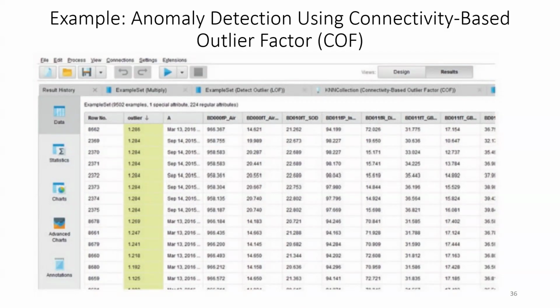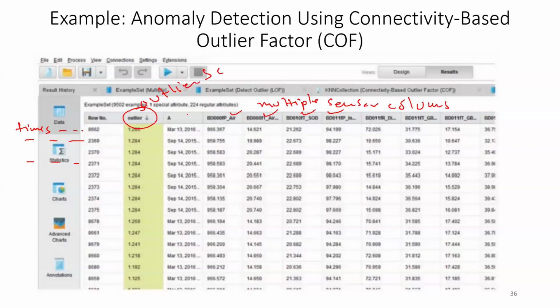In this table, each row is a certain time step, with multiple sensor columns, for example pressure, temperature, or vibration. And most importantly, the outlier score.